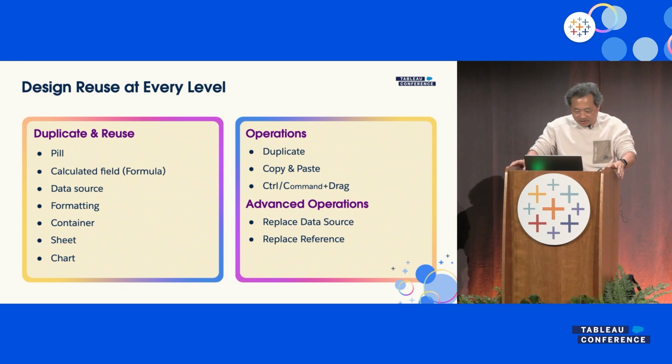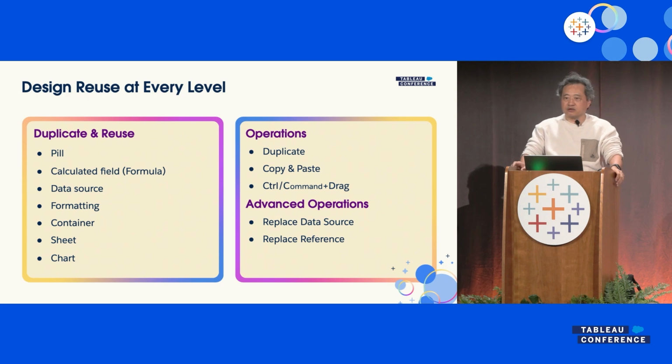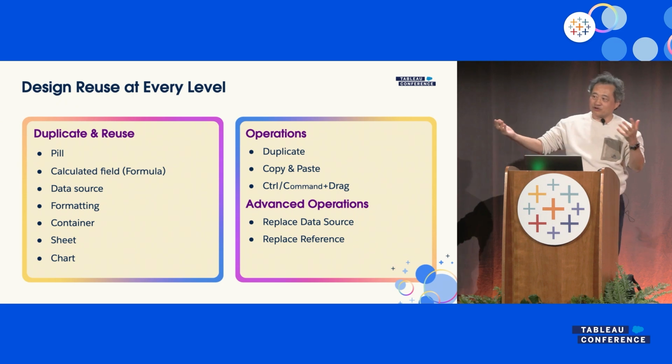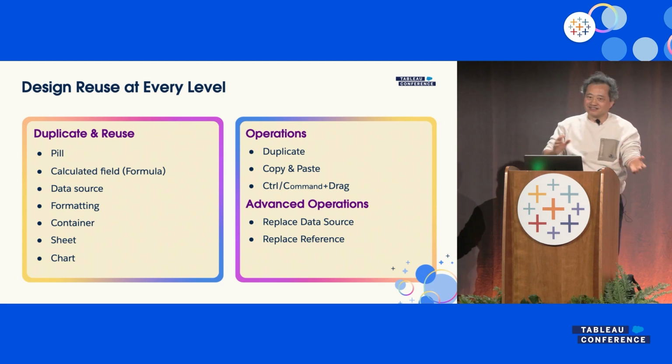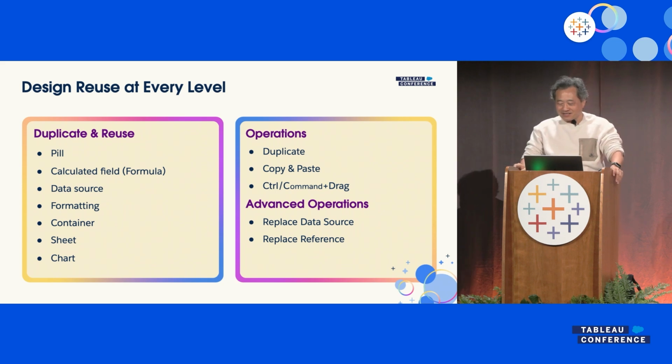Except the container, except the pills, all the other 6 items we can copy from one workbook to another, across Tableau instances. Also from Tableau Public to Tableau Desktop. So yeah, we can copy and paste. That's great.